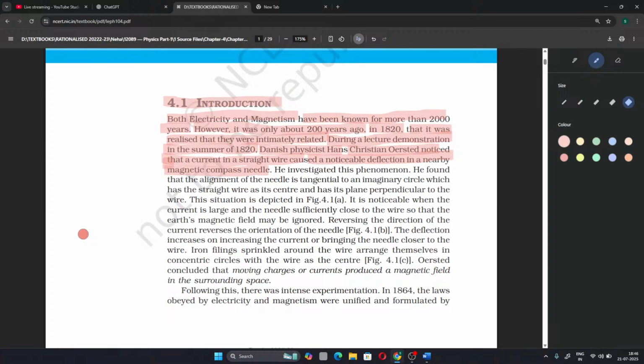There was a lecture going on in the summer of 1820 where Ørsted noticed that a current flowing through a wire caused a noticeable deflection in a nearby magnetic compass. He investigated this phenomenon. He found that the alignment of the needle is tangential to an imaginary circle which has the straight wire as its center and has its plane perpendicular to the wire.